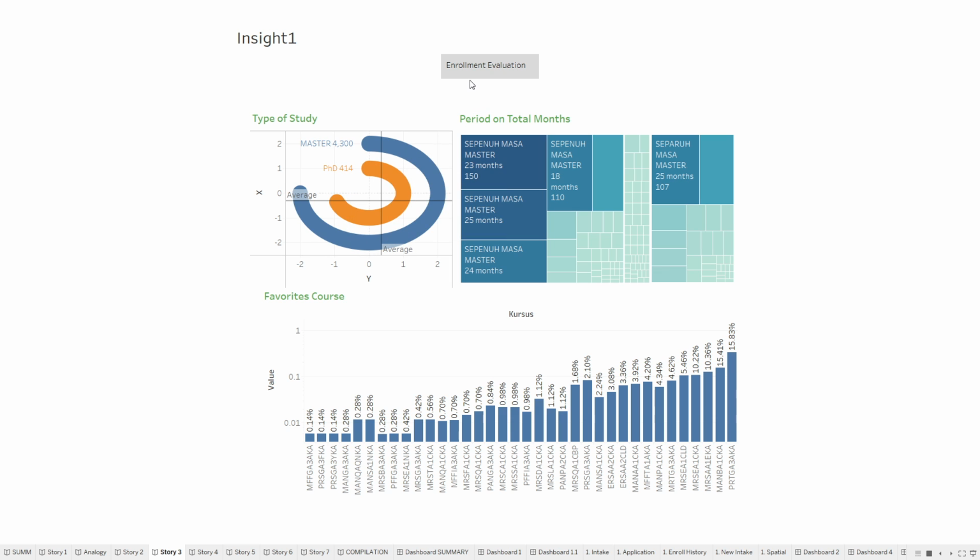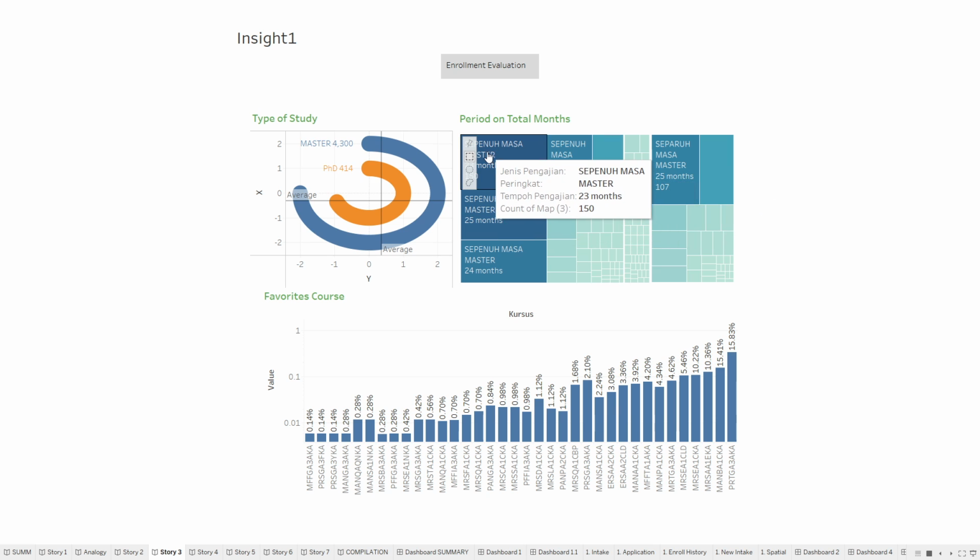And then the enrollment evaluation also focuses on the period of total months, for the full-time and part-time students, which is approximately 23, 18, 25, 24, 25, which we can see here.